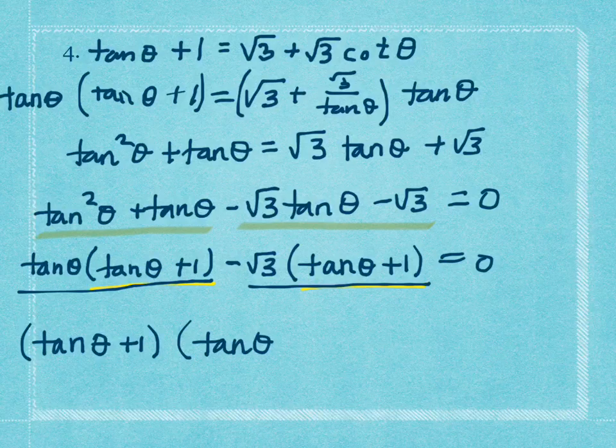Because I factored out the other piece. And what's left from the second piece is the square root 3. And this is what I want, right? This is the one that looks an awful lot like the one that was already given in factored form that we did on the board. Because this is in factored form, I can now take this and set each part of it equal to 0 and solve it.